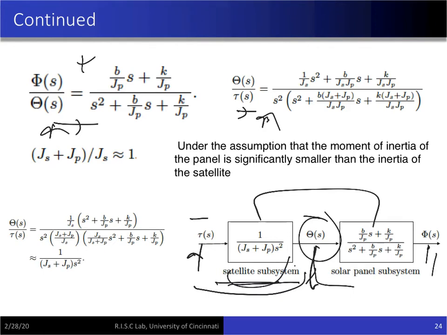So you can divide the problem and say, okay, I want my phi of s to be 0. What should be my theta s? Whatever theta s I need, okay, this is the desired theta s, what should be my torque? So you can divide the problem and solve for theta s and phi s. Okay? Questions?